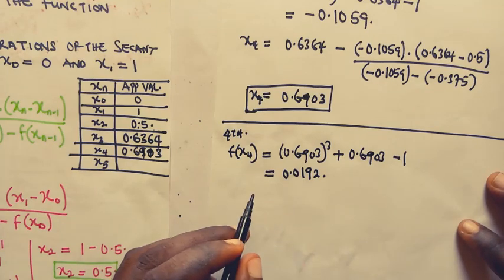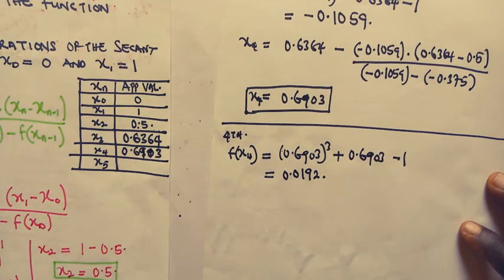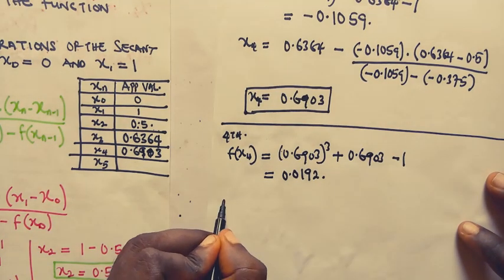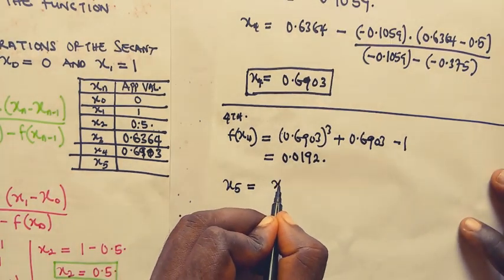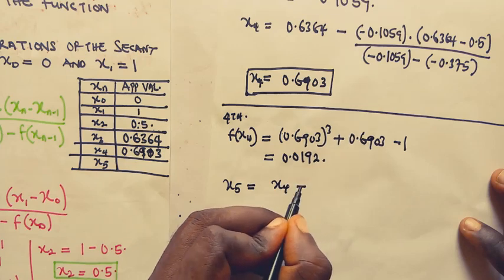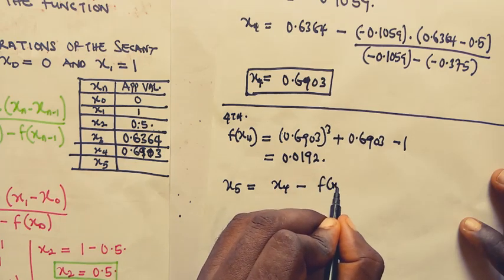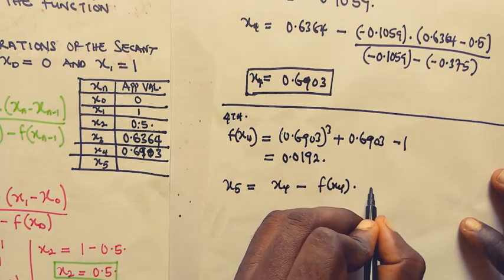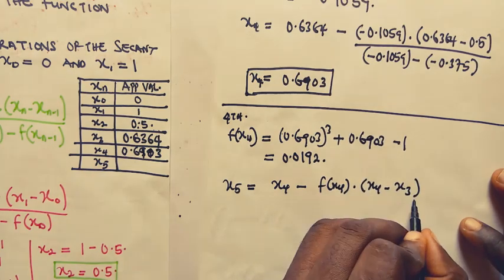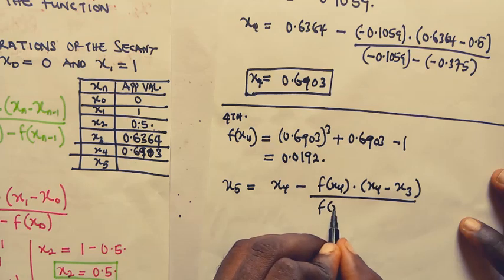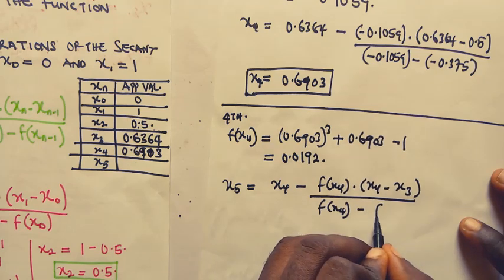Okay, having gotten that, we know what our value of f of x3 is. So our x5 will be equal to x4 minus f of x4 times x4 minus x3 divided by f of x4 minus f of x3.